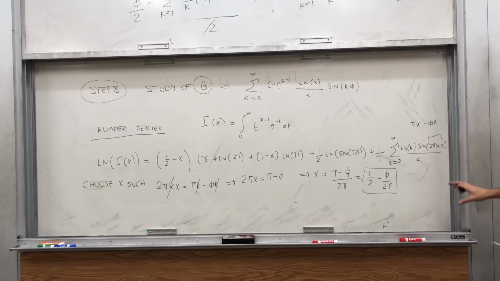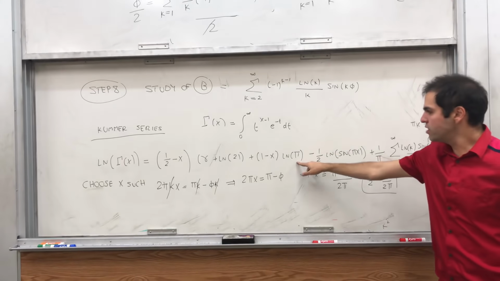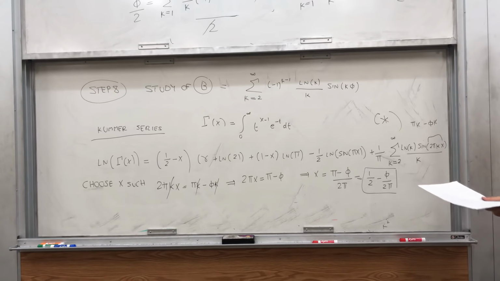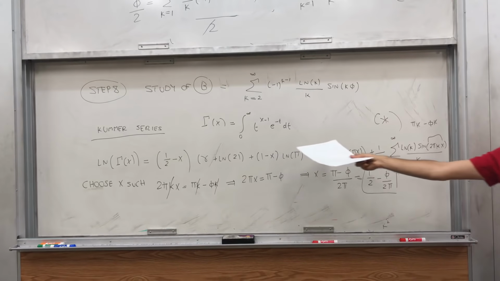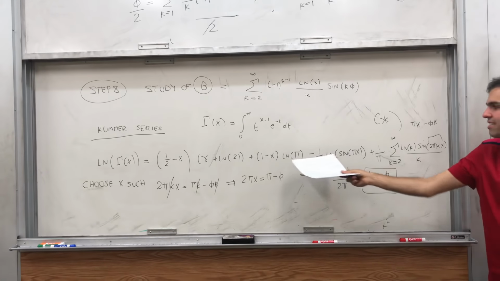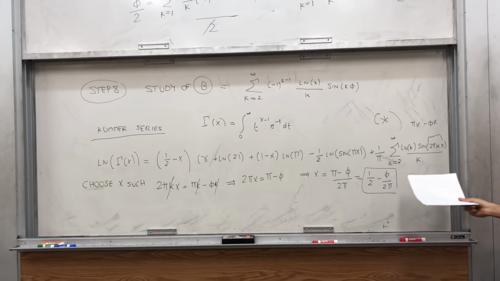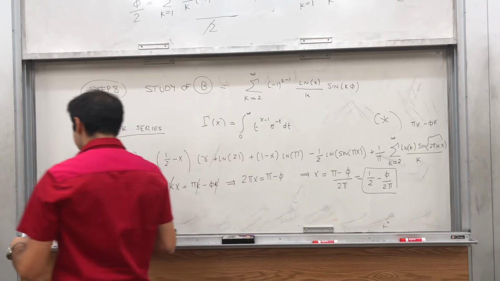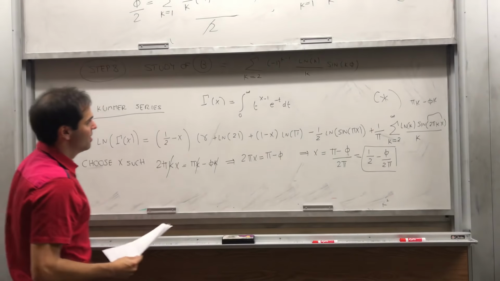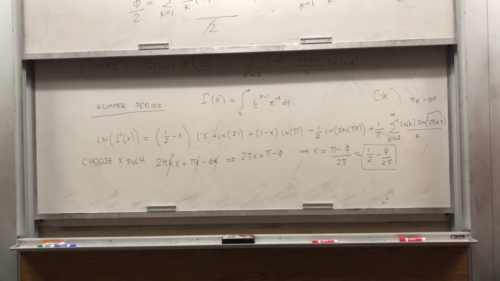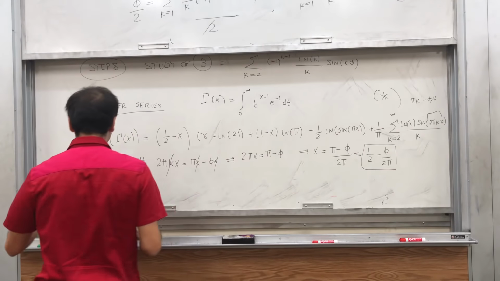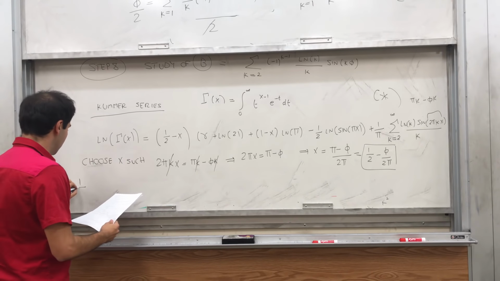So this gives you x, and then all we need to do in this series, let's write a star, is plug in all those terms: 1/2 minus x, 1 minus x, sine of pi x, and sine of 2 pi kx. Good. So 1/2 minus x, let's see what this is.